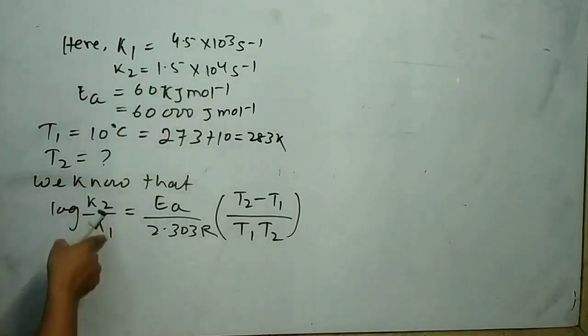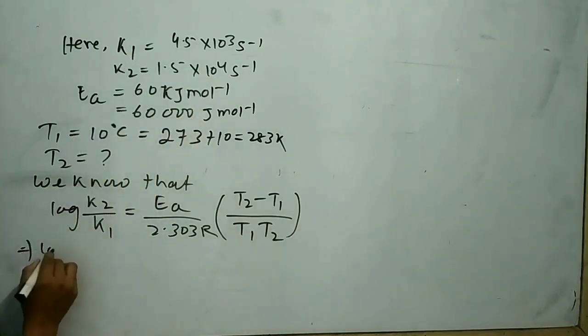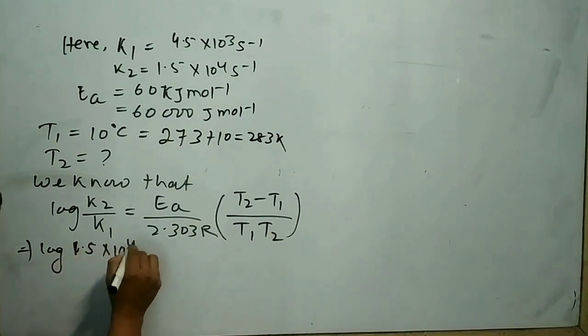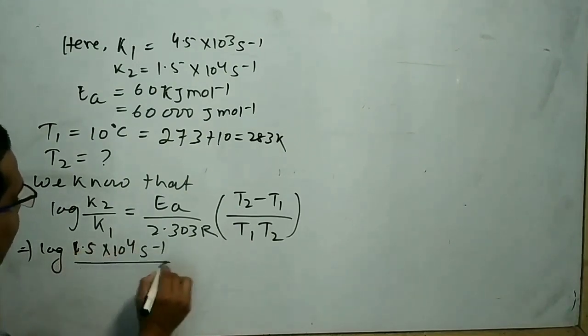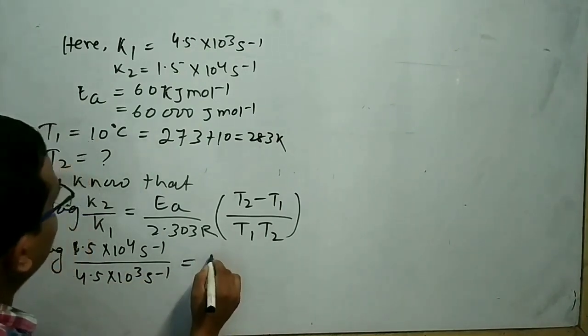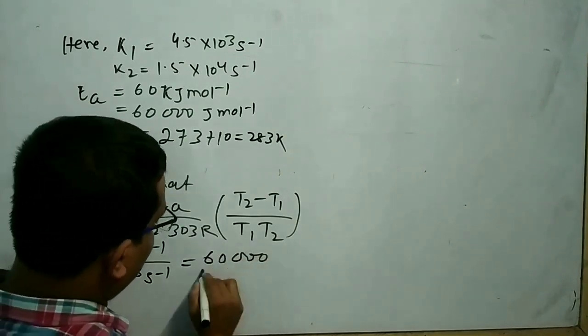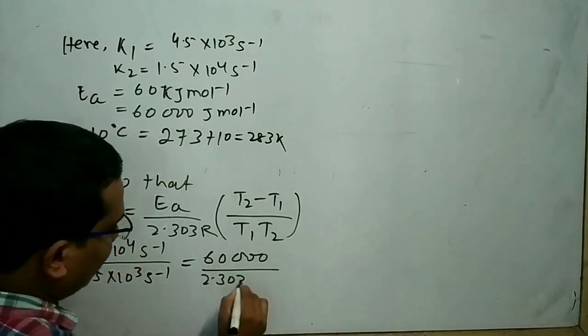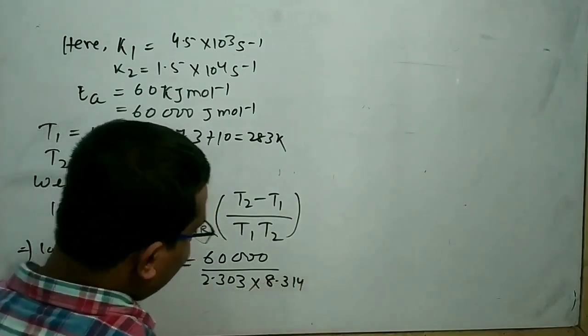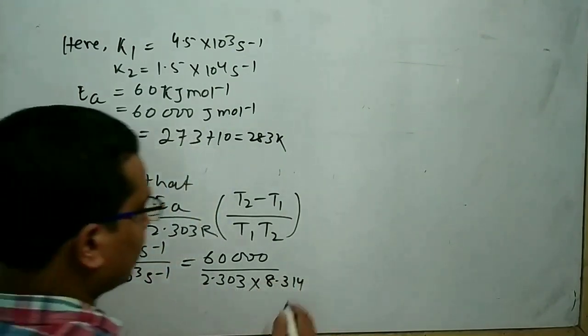Now put all the values in this equation, then we can write log of 1.5 into 10^4 second inverse divided by 4.5 into 10^3 second inverse equals 60,000 divided by 2.303. The value of R is 8.314 joule into Kelvin inverse mole inverse.